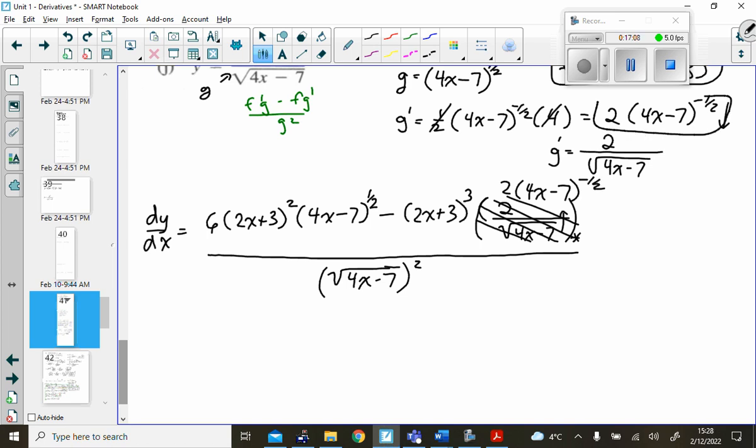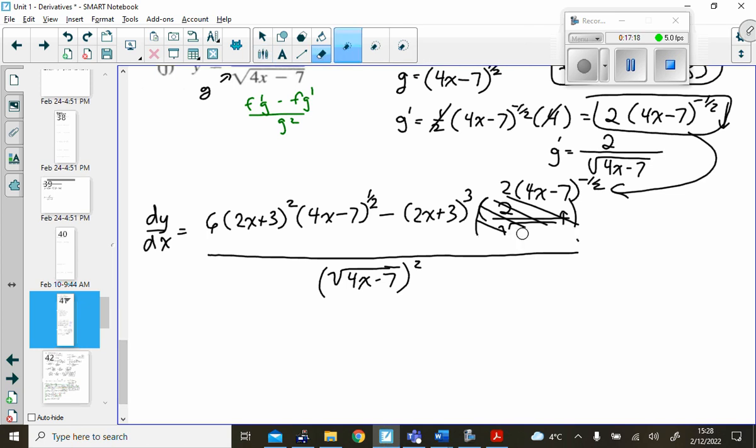I'm going to put this line in its place. Hopefully, if you follow me for doing that, the reasoning is so that this can actually look just a little bit easier for a common factor.